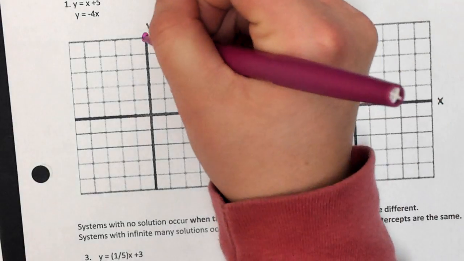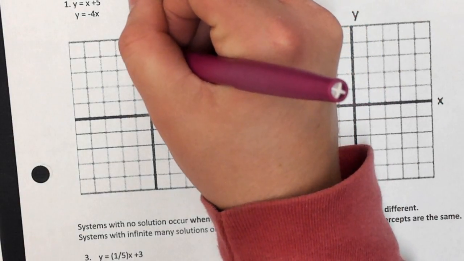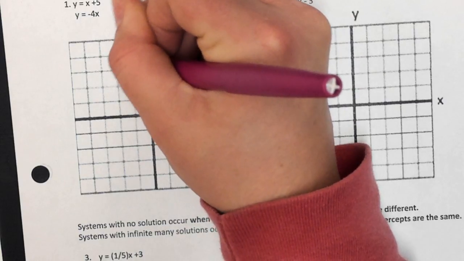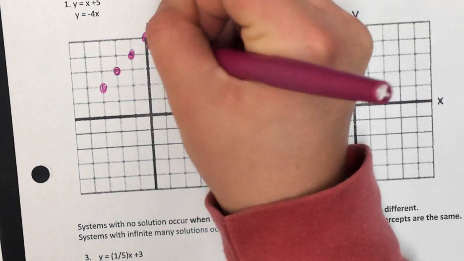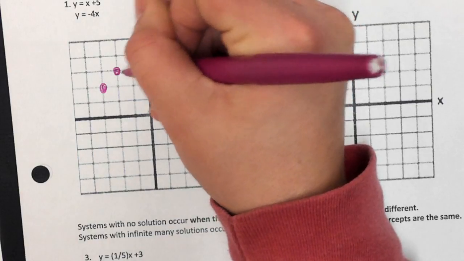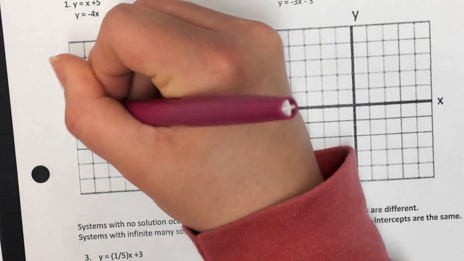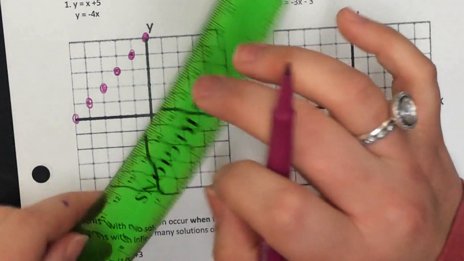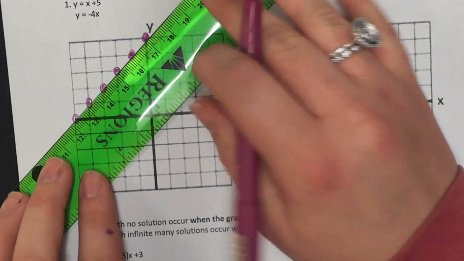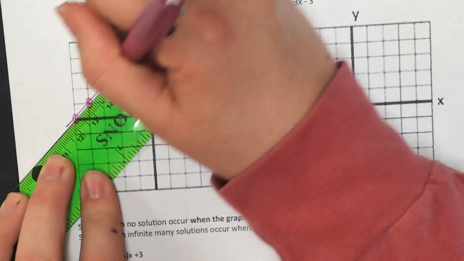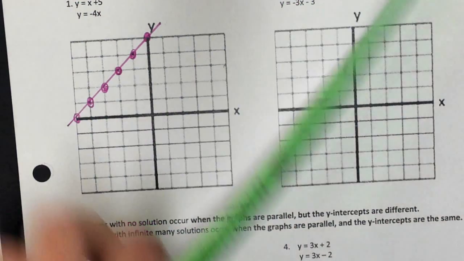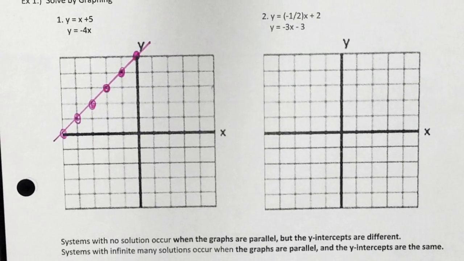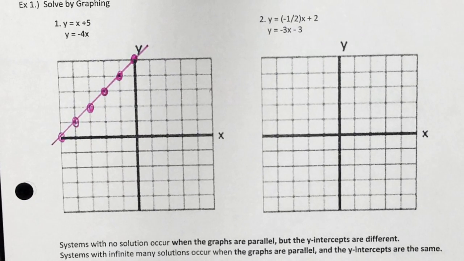No. So we need to go negative, negative, because what's a negative and a negative make? Positive. So I'm going down 1, over 1. Okay, connect your points. Draw a line. Good. So our first one is done.